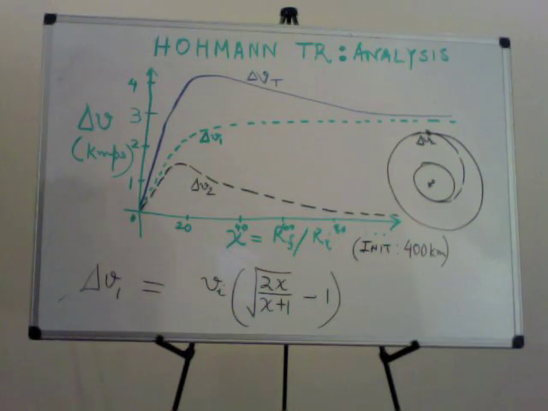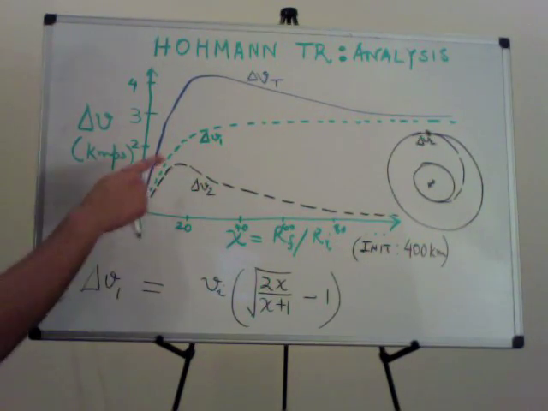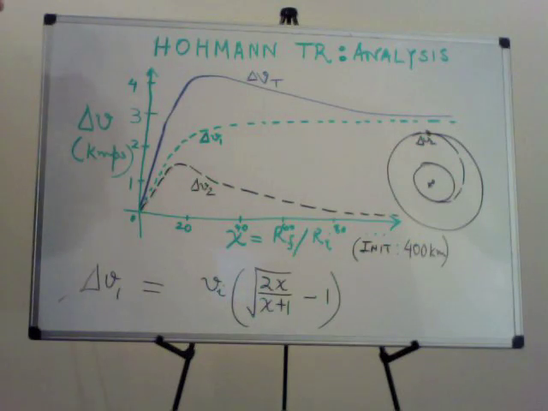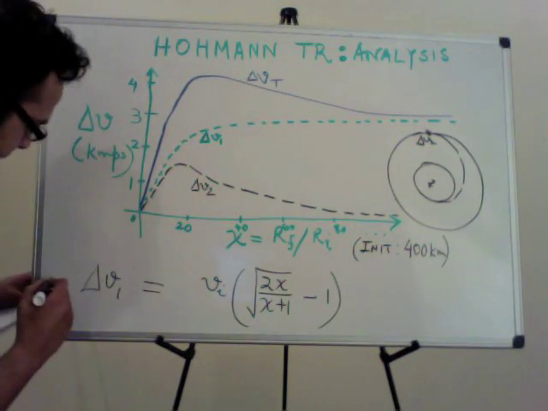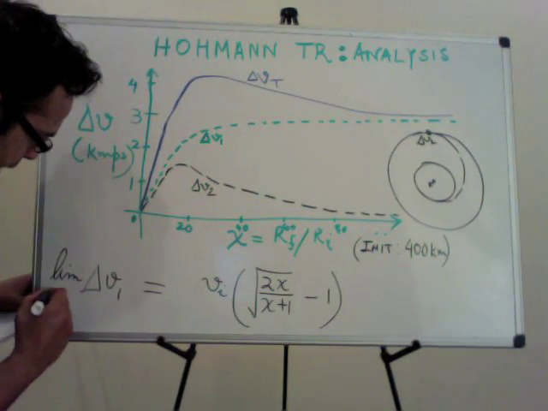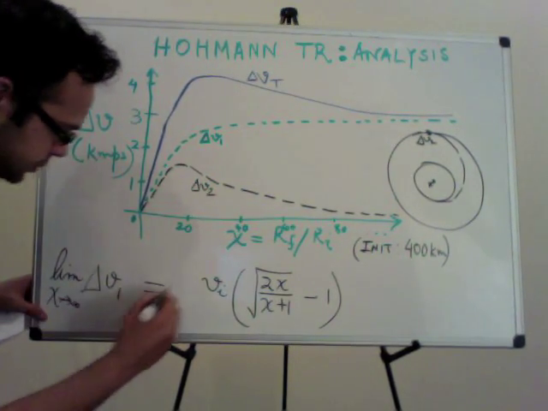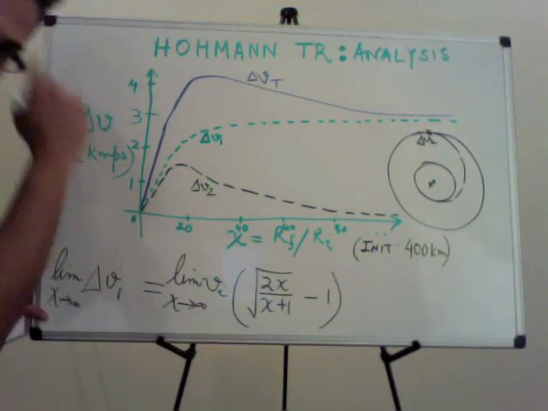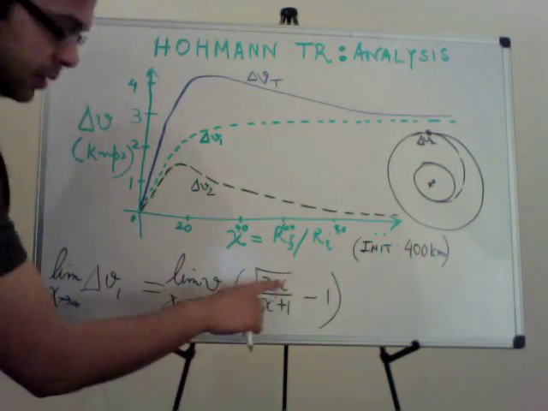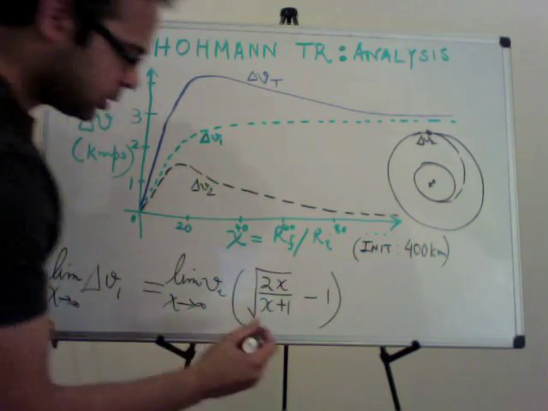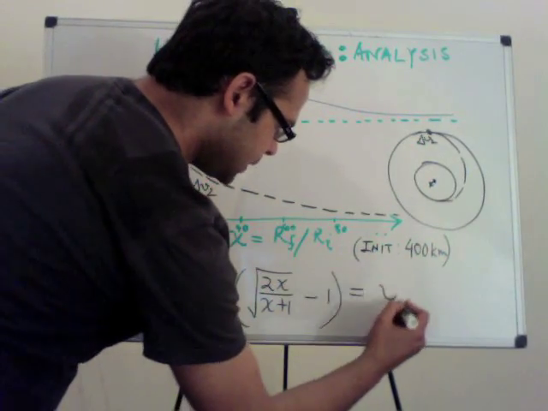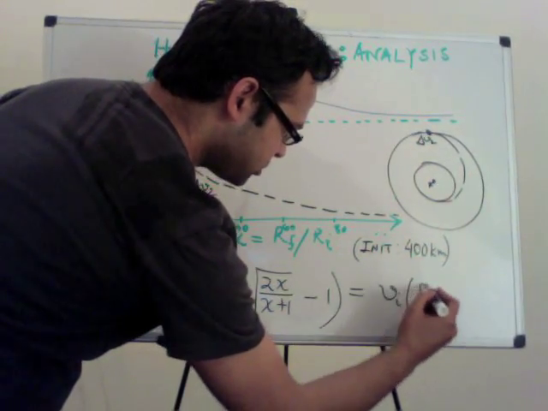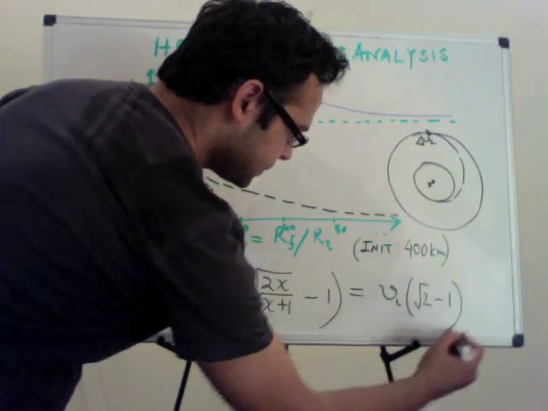Okay, that is delta V1, which is my green curve here. Now as I take the limit, chi goes to infinity, then these two chi's will basically cancel out and I will get Vi times square root 2 minus 1.